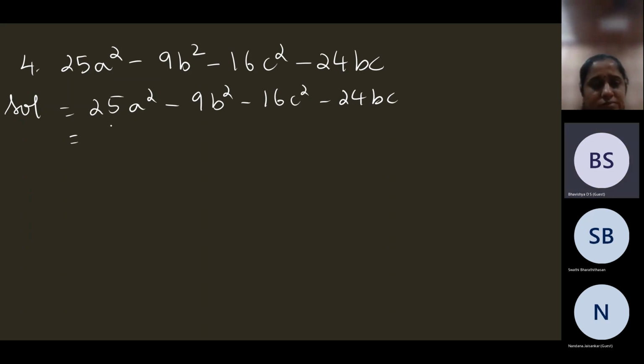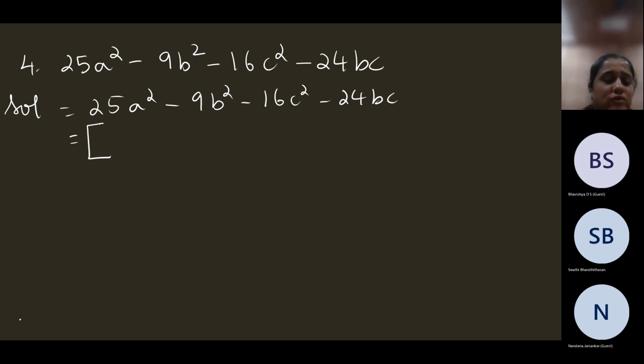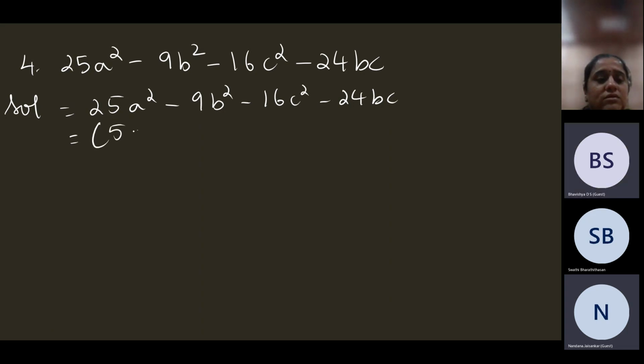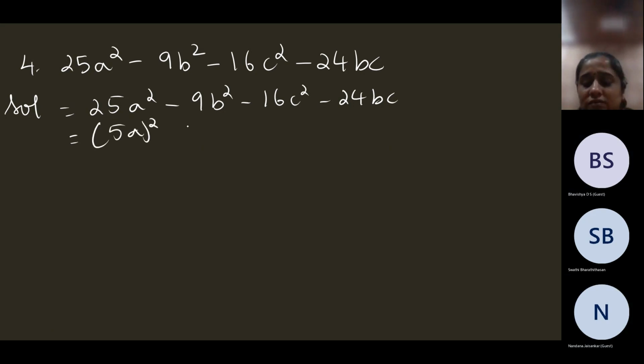Ma'am, with square bracket 5A the whole square. Why a square bracket for that? Simple bracket will do, no? Okay, ma'am. 5A the whole. Wait 1 minute. Bhavishya will tell us.